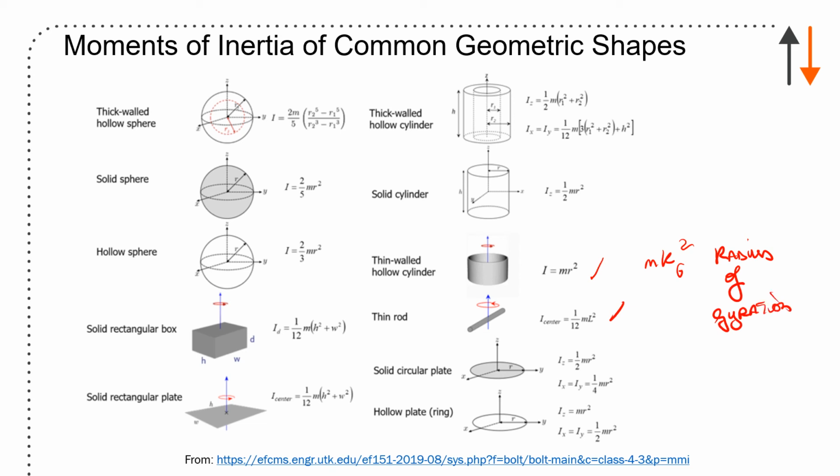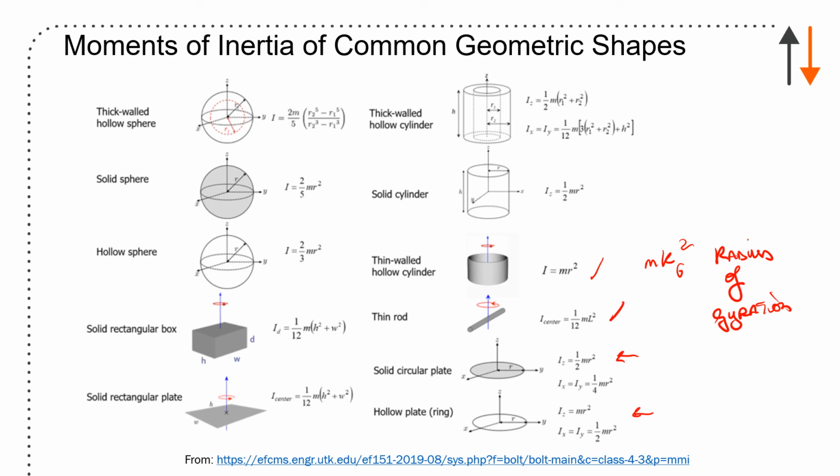And so the goal with the radius of gyration is essentially to create a thin-walled hollow cylinder with all of the mass equidistant from the axes of interest. Thin rod, 1/12 m l squared. That's one you really need to know. Solid circular plate, something you really need to know. Hollow plate, sure, that's a good one. The rest of them are not as important to memorize.